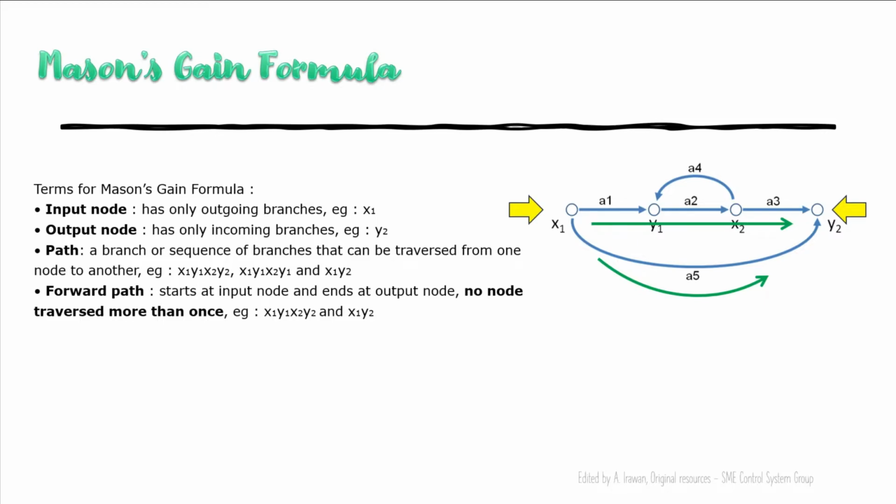Here we have a path from x1, y1, x2, y2, and then the forward path. Which one is a forward path? This one is a forward path. This one is a forward path. Forward means from left to right. This one is a backward path.